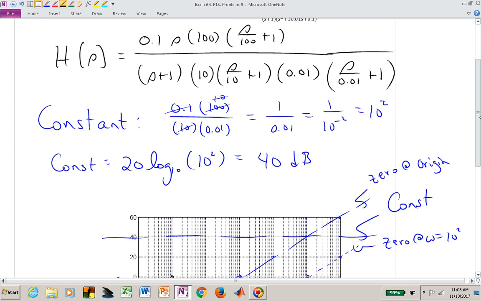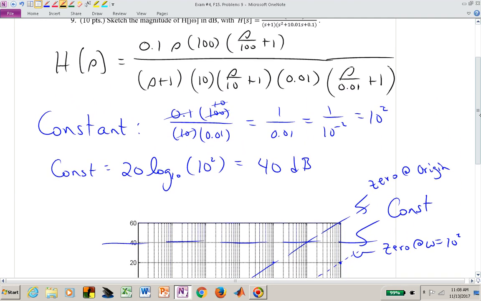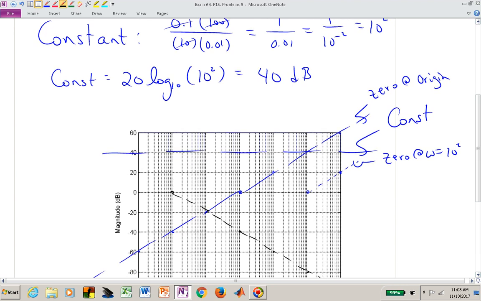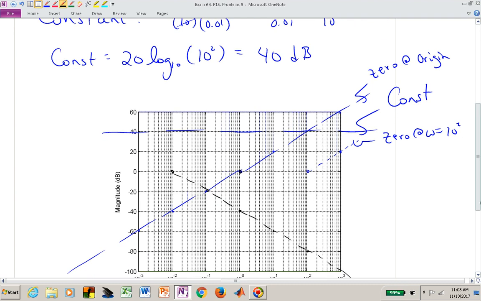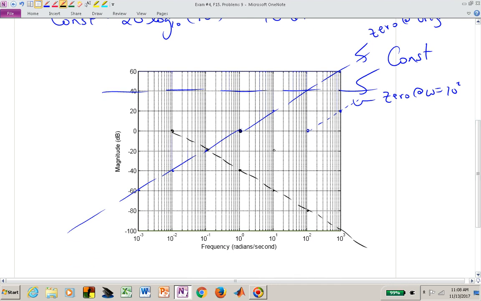We have another pole factor that breaks at 1, so it's 0 dB until we reach that point. It's not sloping continuously. It starts breaking at 1 and coming down 20 dB per decade. So now we have this contribution, and we have one more pole, and it starts at 10, and it falls off at 20 dB per decade.